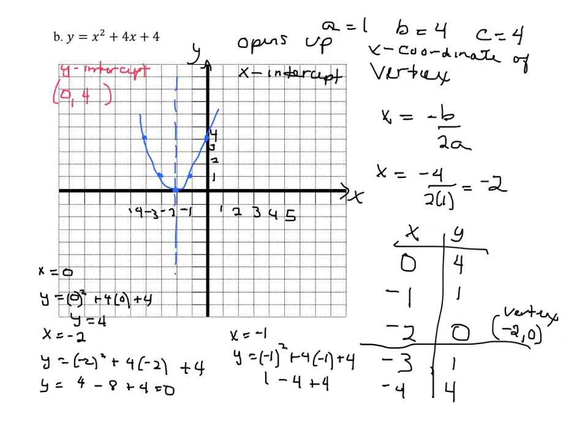Well, that crosses the x-axis at negative 2, comma 0. So in this case, it just comes down, touches the x-axis, and comes right back up. So it only crosses it once. And this is actually called tangent to the x-axis. You can impress your friends with that. One more example.